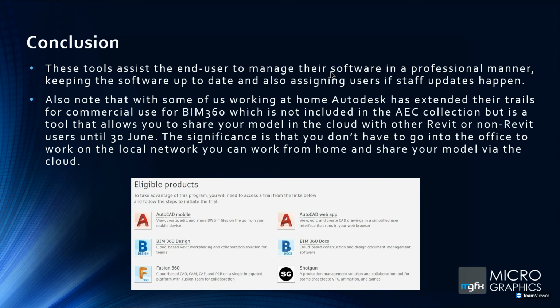This primary admin could set up all the users or invite all the users, assign licenses that the company owns to these users, and they will then be able to, via their own Autodesk portal or the desktop app, download and install their own software.